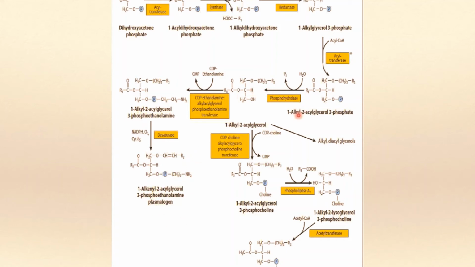Now on the other side, 1-alkyl 2-acylglycerol can take up CDP choline, like CDP ethanolamine.